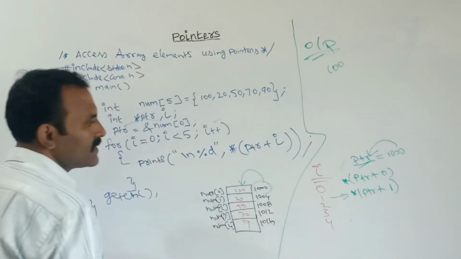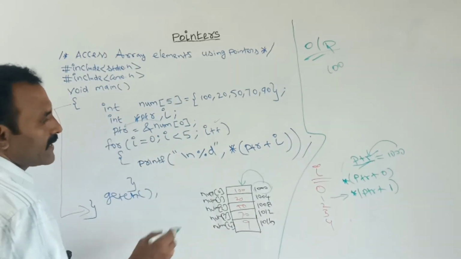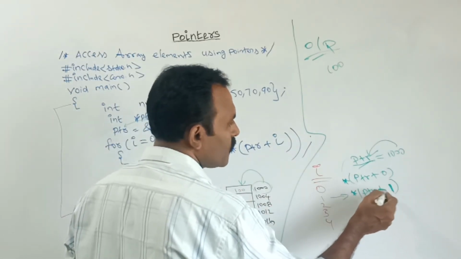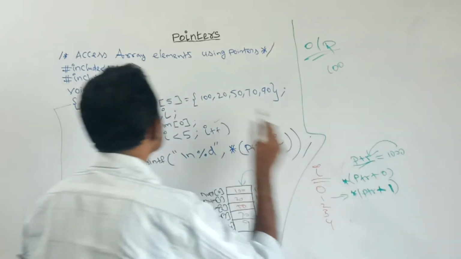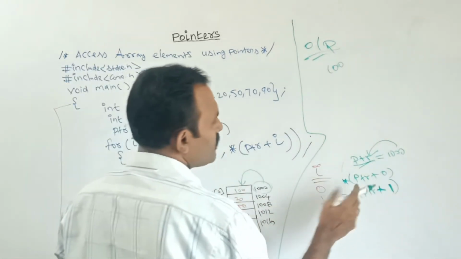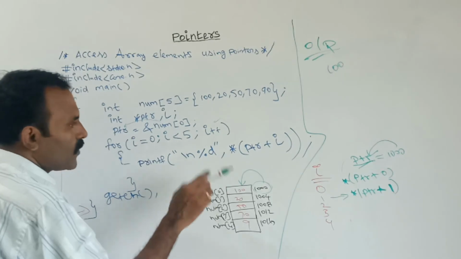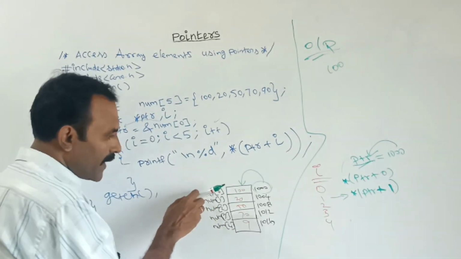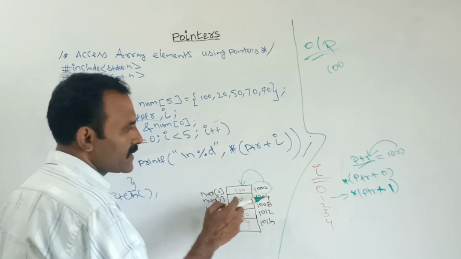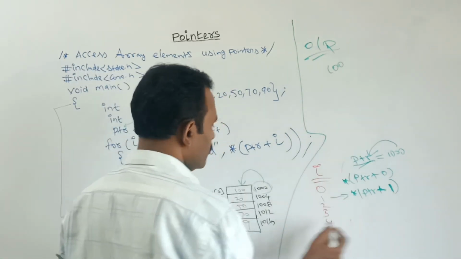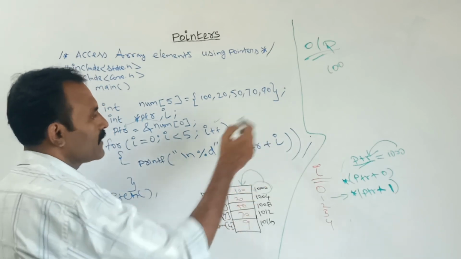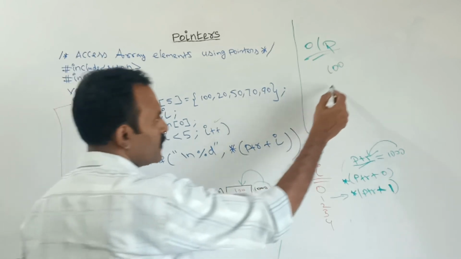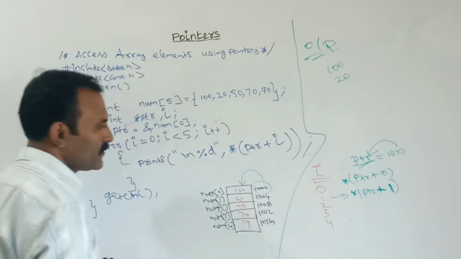So 1000 plus 4 gives the address 1004, because we are giving 1 times the default size. The default size is 4 bytes. So the pointer always moves to the next location. If you give 1, it points to the next location, whose address is 1004. What is the value at 1004? The value at 1004 is 20. So it will print the value 20.